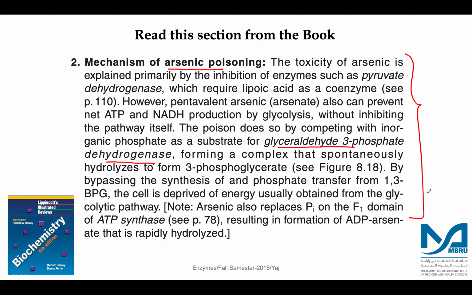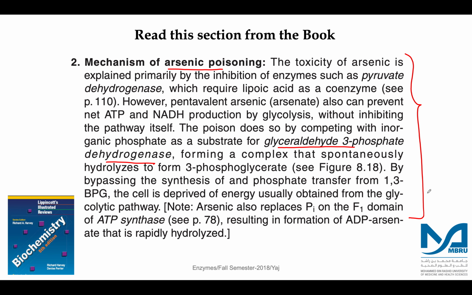predominantly arsenic impairs the function of the transferase enzyme in the pyruvate dehydrogenase complex by binding to lipoic acid. As a result, the transferase enzyme in the complex cannot function and pyruvate cannot be converted to acetyl coenzyme A. The other side effect of arsenic poisoning is also to impair glyceraldehyde 3-phosphate dehydrogenase, which is an enzyme participating in the glycolytic pathway.